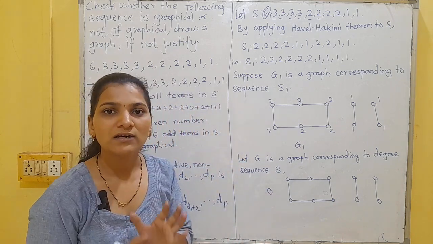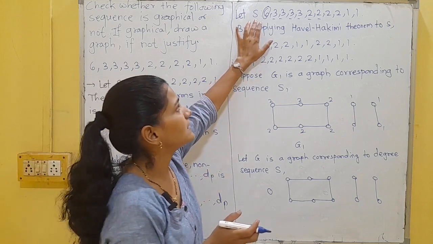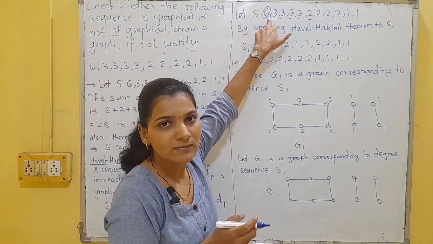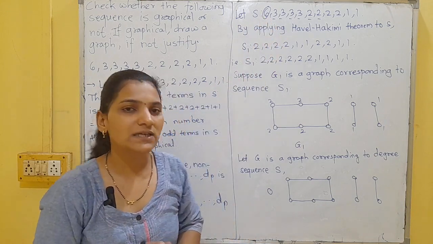Now we want a graph G with degree sequence S. In degree sequence S there is a term 6, so G should have a vertex with degree 6.